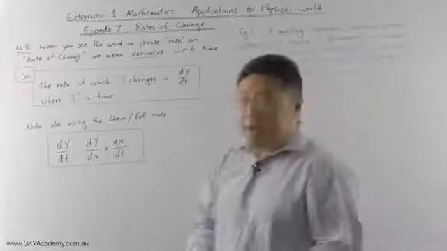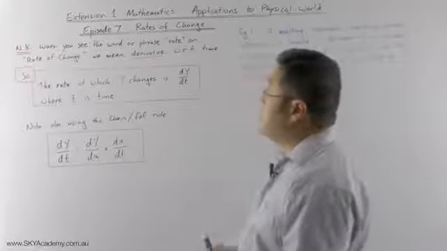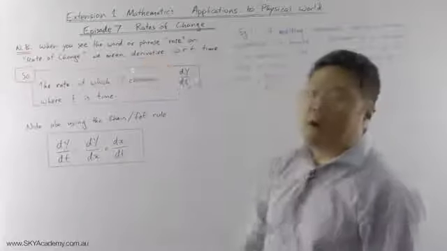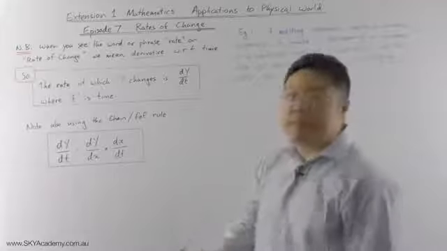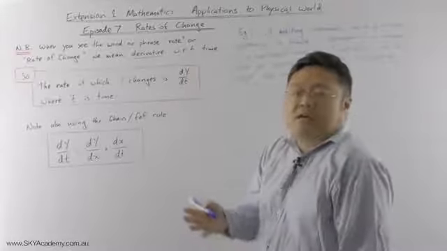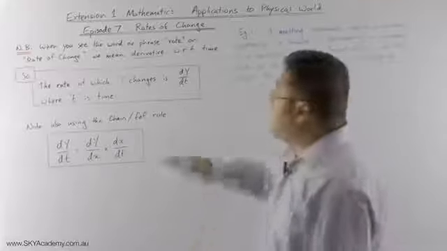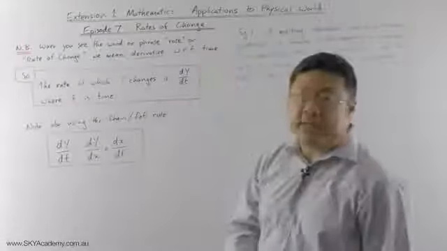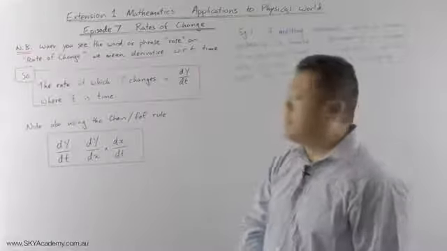Now we basically know this about rates of change. When you see the word or phrase rate or rate of change, or the rate at which something is changing, usually we mean the derivative, right? The derivative of, or the rate at which something is changing with respect to time. It doesn't always have to be time, but usually we're talking about something changing with respect to time, okay?